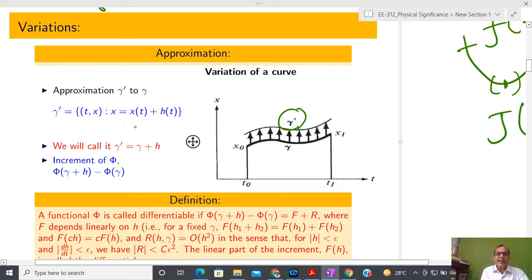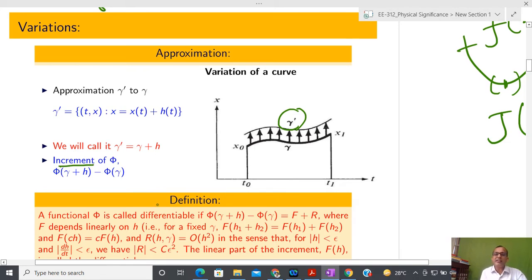I can define gamma dash like this. Since gamma is a function of x and t, gamma dash is x, t plus h of t. Here gamma dash is nothing but gamma plus h, so this is the variation in h, and after that I am going to define the increment.